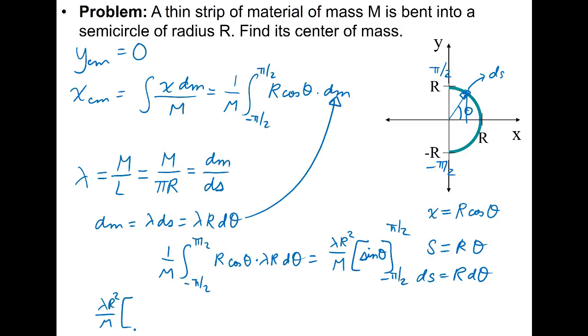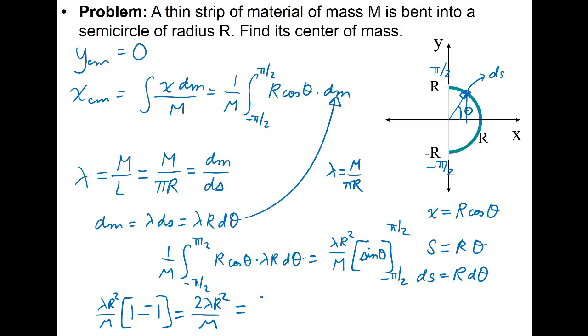Sine of pi over 2 is 1. Sine of negative pi over 2 is negative 1. So that's going to be 2 lambda r squared over m. And then we just simply make the substitution that lambda is equal to m over pi r.